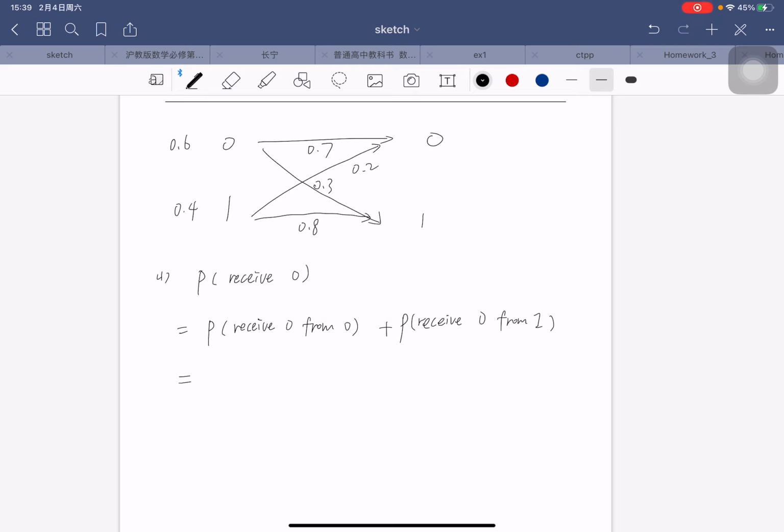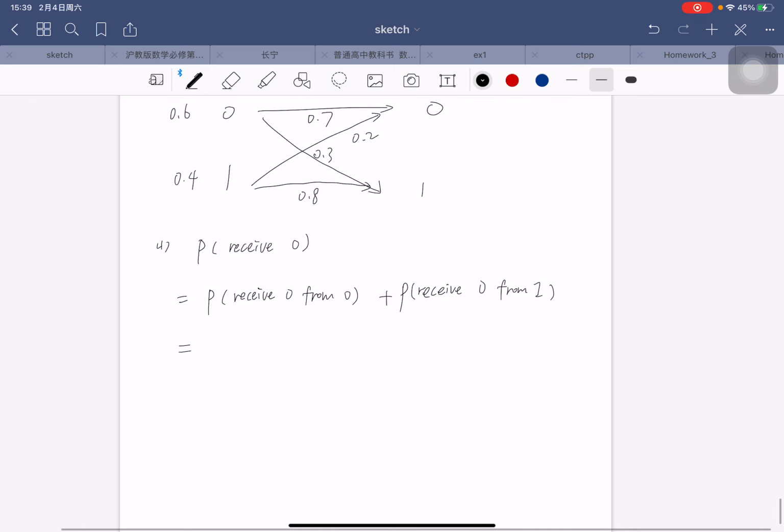So receive 0 from 0 is a joint probability, which means it will first come from 0 and then it reaches this side, which has 0.7 probability.